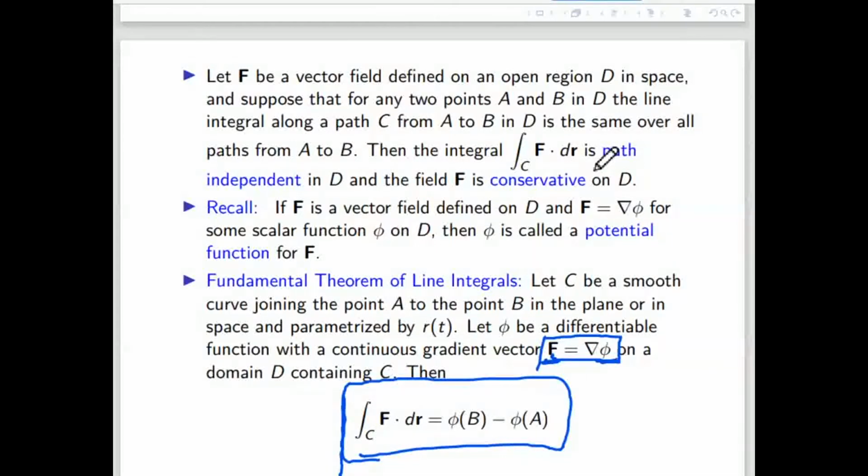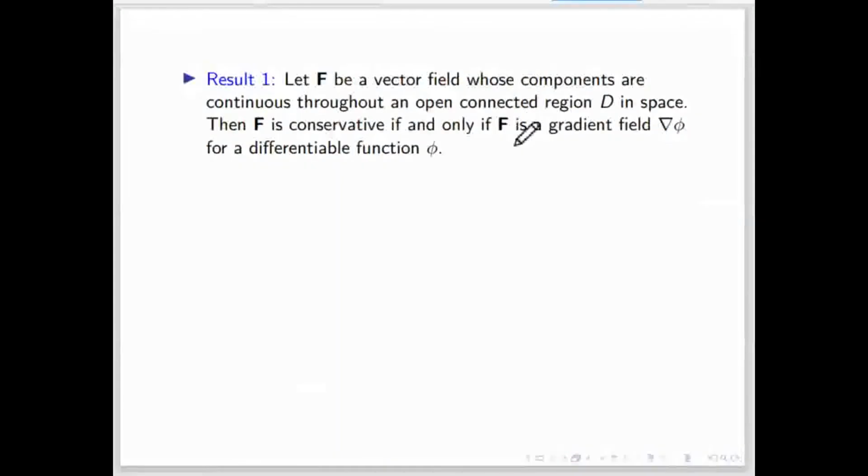So the first criterion is that if F equals gradient phi, then we'll say that it is conservative. F is said to be conservative if and only if F is a gradient field. That means there exists a phi function such that F equals grad phi. If it is like that, then it is a conservative field.